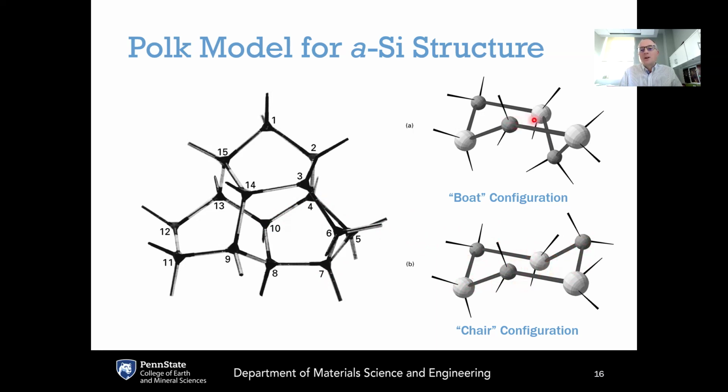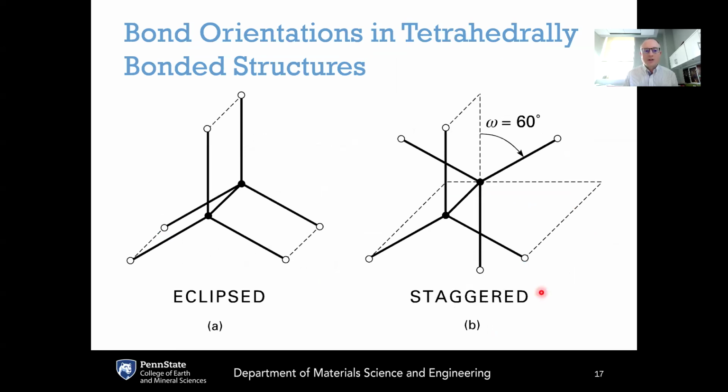Another six-membered ring configuration that can exist, if you just take this one atom and shift it down below the plane instead of above the plane, you get this type of boat configuration instead of the chair configuration. So different permutations are possible based on different torsional angles that are used here.